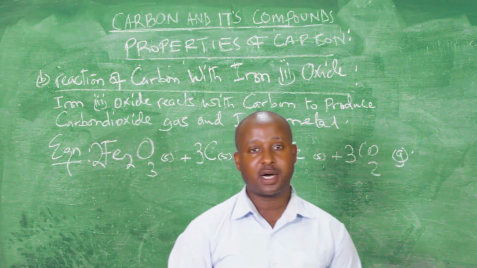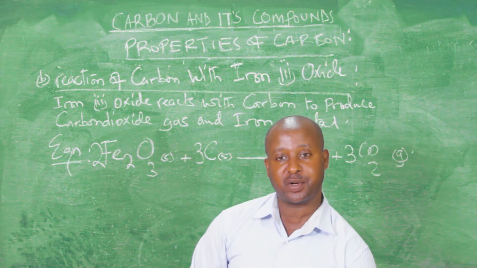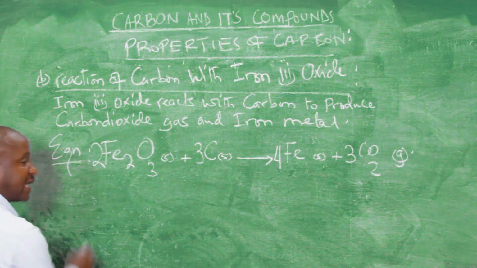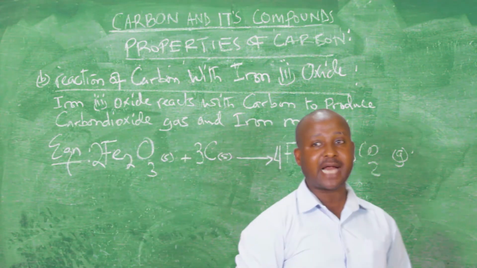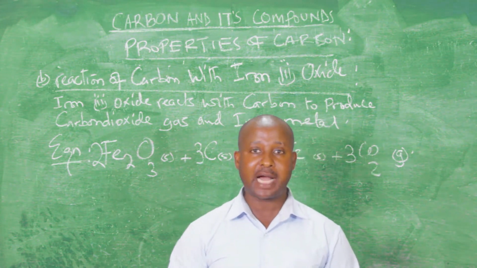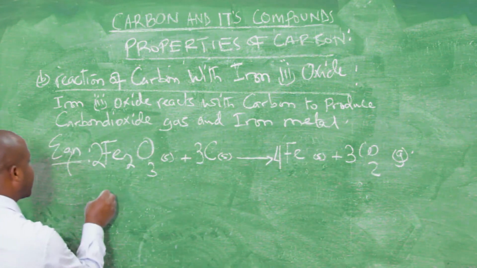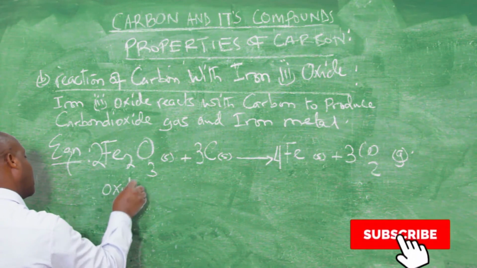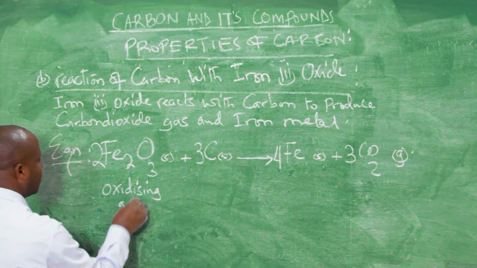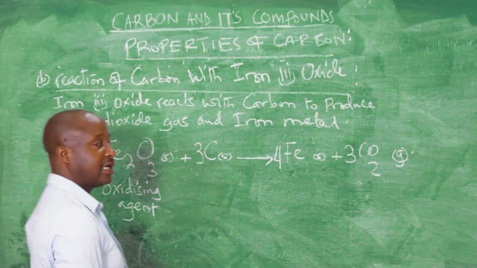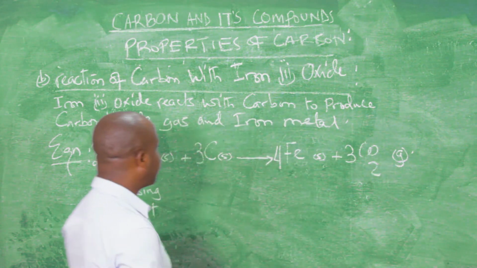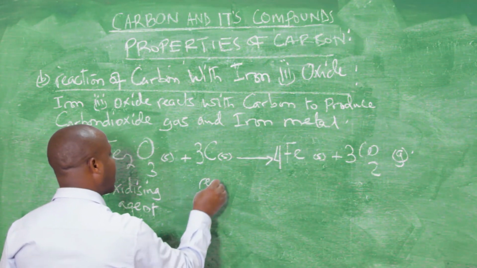When we look at this chemical equation, iron 3 oxide is acting as an oxidizing agent. And carbon is acting as a reducing agent.